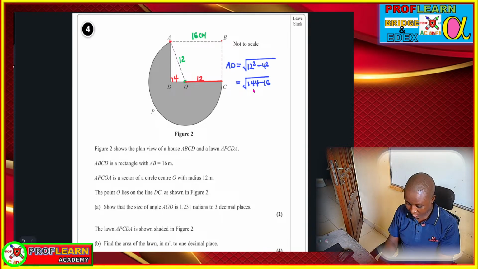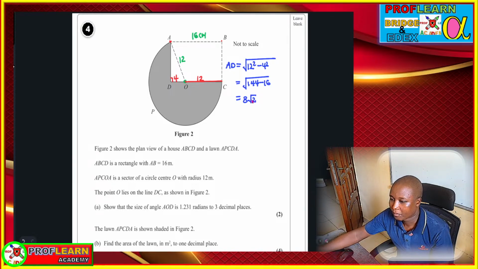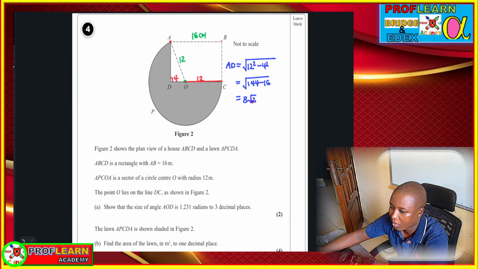If we put that in a calculator, we get our answer as 8 root 2. So 8 root 2 is the height of this particular triangle that we are having here.